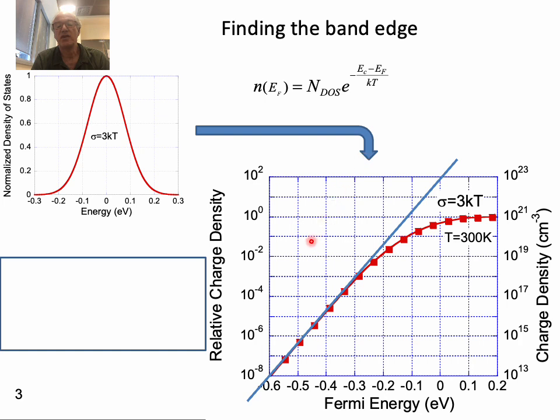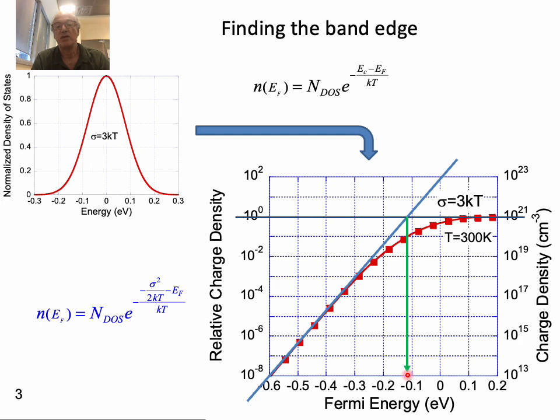And now we need to define the parameter that would fit this line. So we place here another horizontal line, and we can graphically define the position of the band edge. And we see that in this context it's a little bit below minus 0.1 eV.